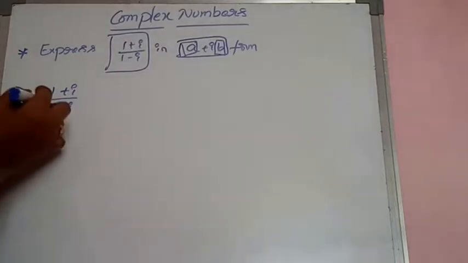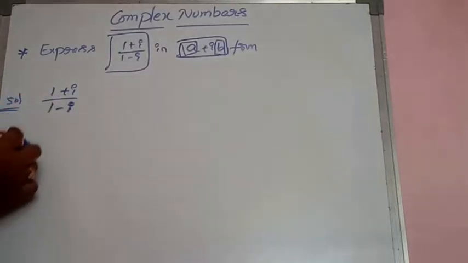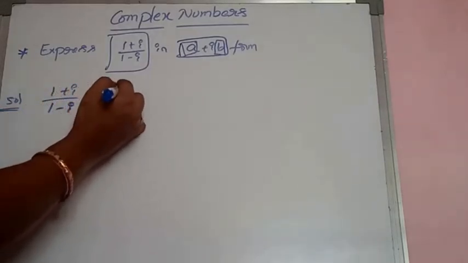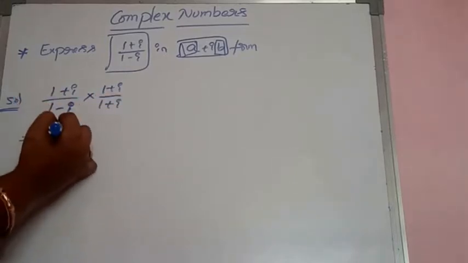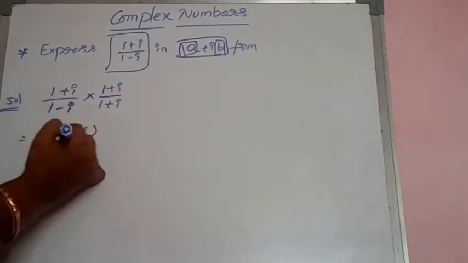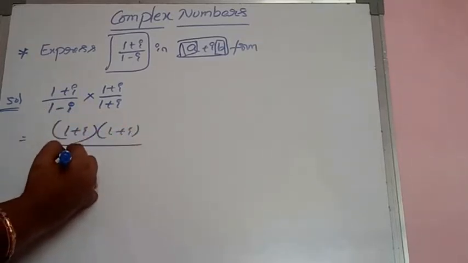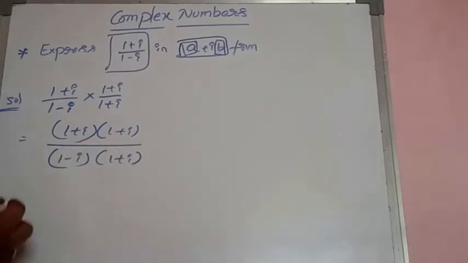So for that we look at the denominator, 1 minus i. Rationalize this denominator, that means multiply numerator and denominator by 1 plus i. That is (1 + i)(1 + i) / ((1 - i)(1 + i)).